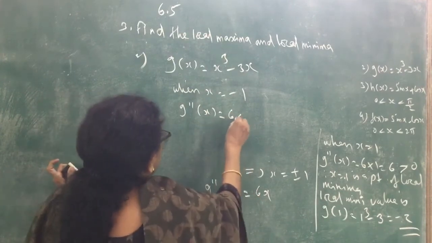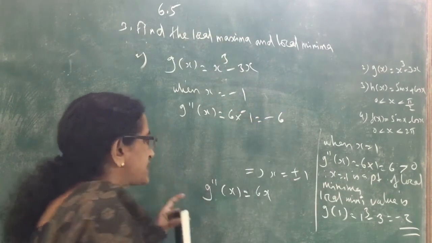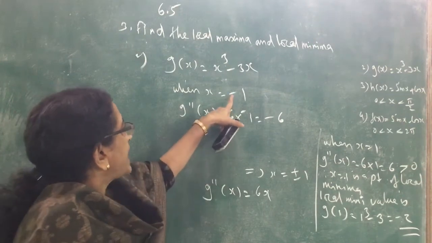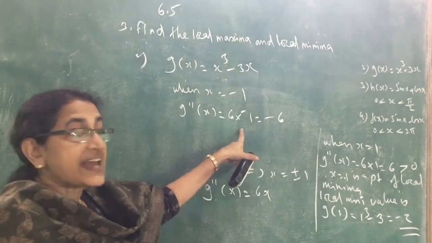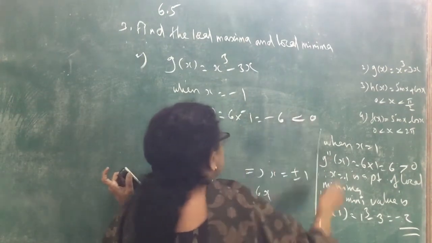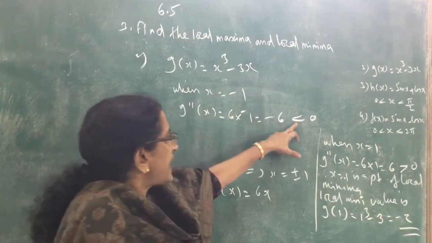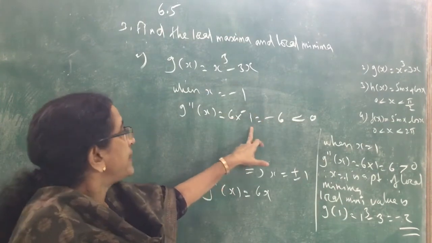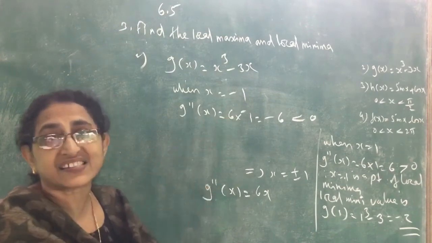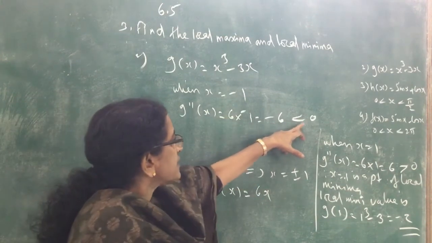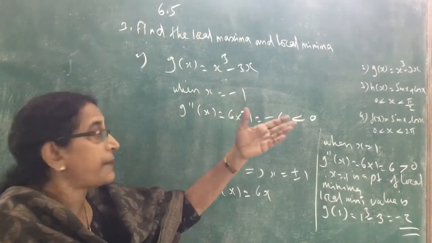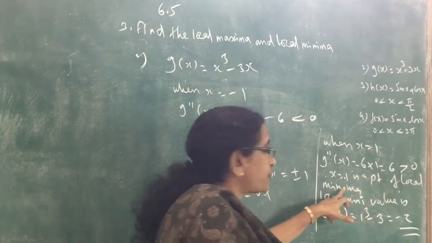So 6 into minus 1 equals negative 6. So the second derivative at x equal to minus 1 is less than 0, negative. That means this is a point of local maxima. Second derivative less than 0 means local maxima; greater than 0 means local minima.